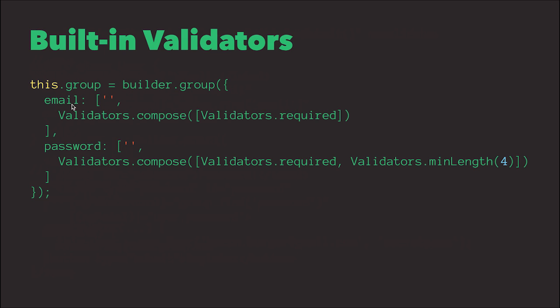So previously we had email equals an array with just an empty string, and now we're adding a second item to it, which consists of Validators.compose. So Validators is a class in Angular, and it has a compose method that allows us to compose multiple validation criteria. So here we're just trying to set email to be required. In case of password, we're setting it to be required, but then also we require a minimum length of 4 characters.